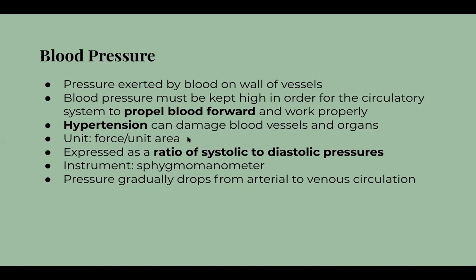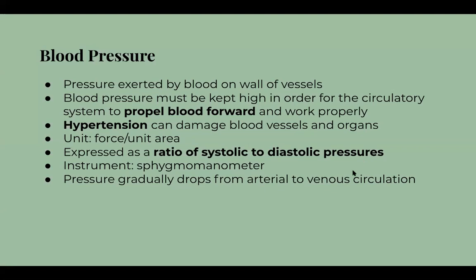And it's expressed as a ratio of the systolic to diastolic pressures. We talked about what systolic and diastolic means in the last session. And the instrument is the sphygmomanometer.